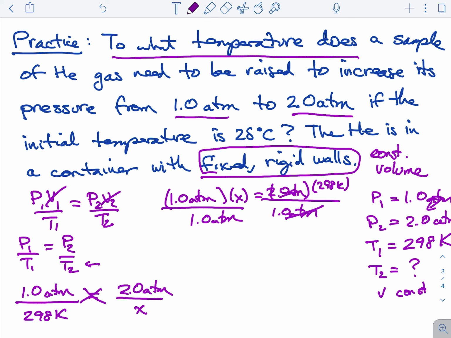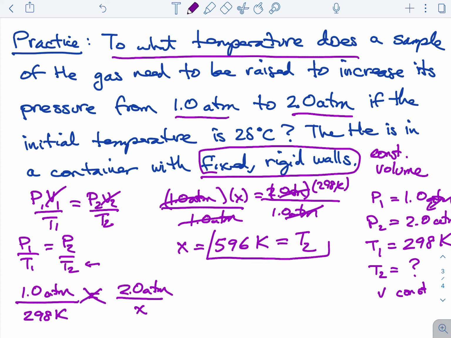The units of atmospheres cancel. We're left in Kelvin, which is what we want, so this seems promising. So now we've got X equals 2 times 298, which is just below 600, 596 Kelvin. Okay, so that's our T2.